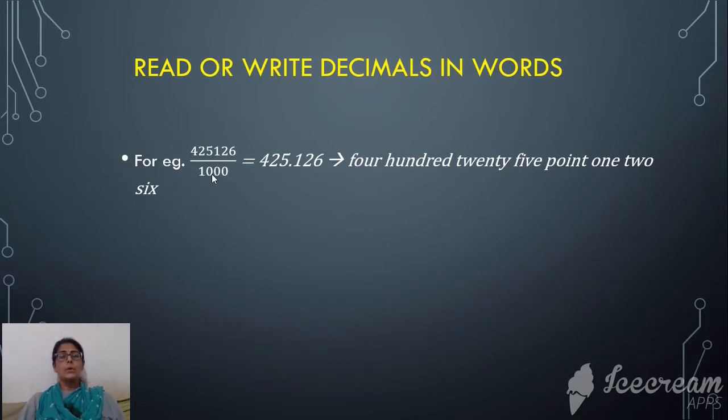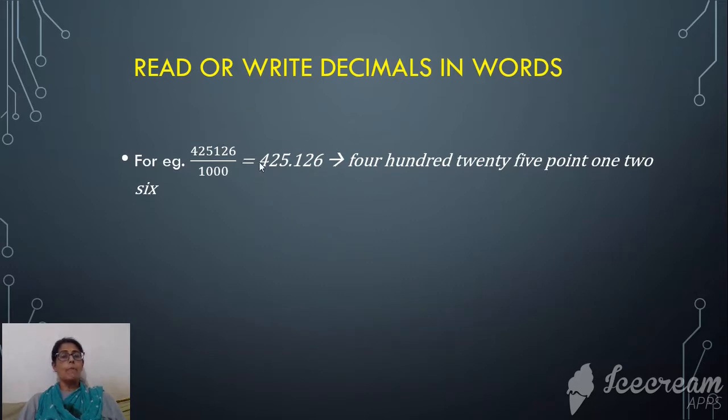Now, how many zeros are there in the 1000? 3 zeros. So where do I have to put the decimal? From the last 3 digits, 1, 2 and 3, before that I have to place the decimal. So what will I write? 425.126.